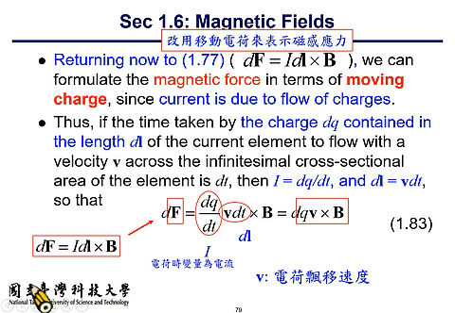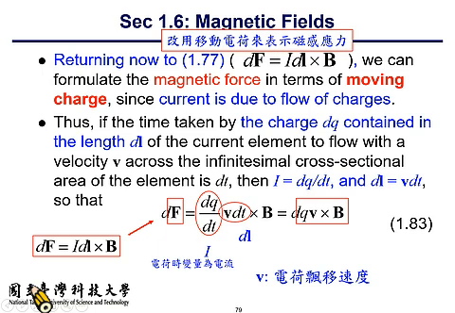So be sure that you take the cross product here. So you have the cross product of the two vectors v, the velocity of the moving charge, where the charge amount is dq. So it's a small amount of charge. And this charge is moving in the background of a magnetic field.